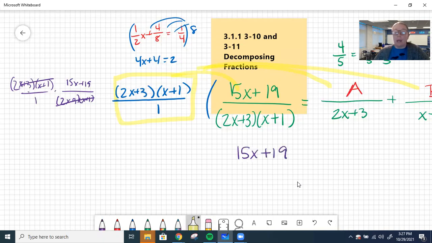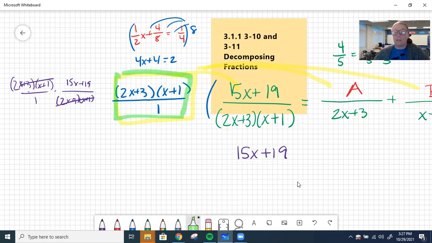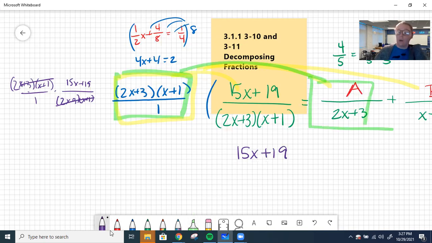Then I have to multiply this by a over 2x plus 3. Now this goes away and this goes away, and I'm left with a times x plus 1.